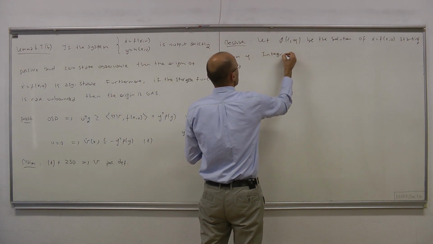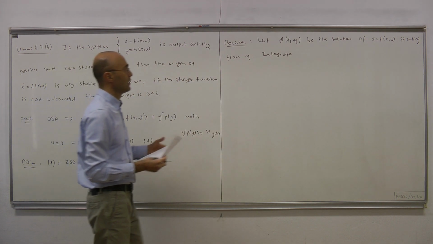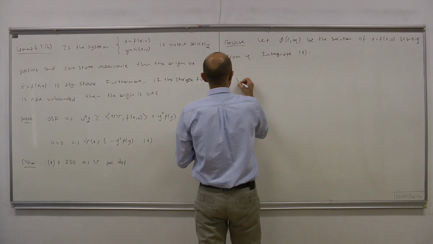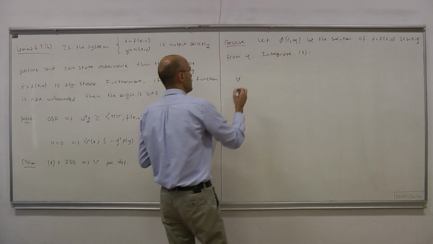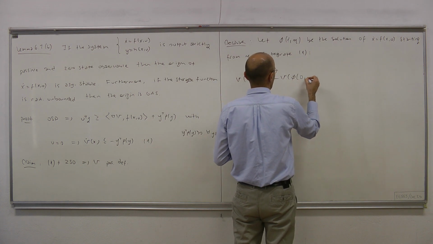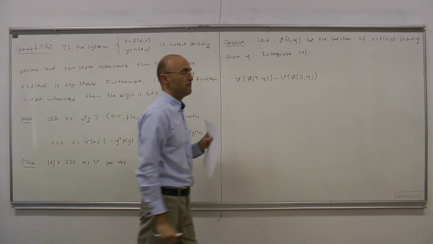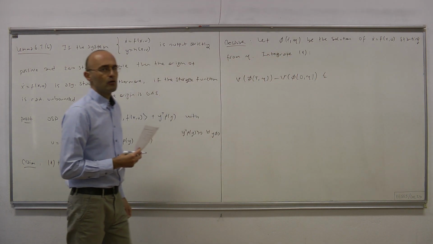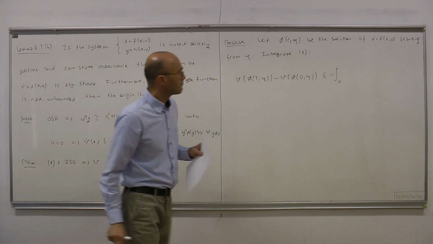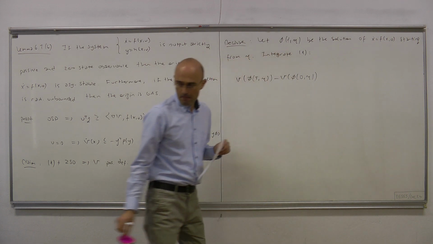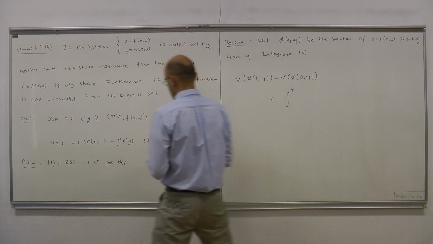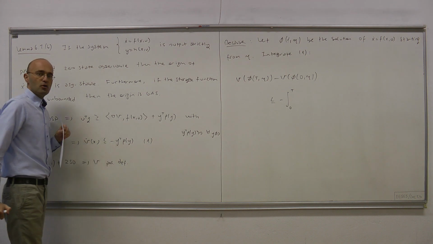And as before, we will integrate inequality 1. Integrating inequality 1, on the left hand side we have V of phi of t, eta minus V of phi of 0, eta, and this is eta, therefore this is V of eta. On the right hand side we have minus the integral from 0 to t of y of t transpose times rho of y of t.